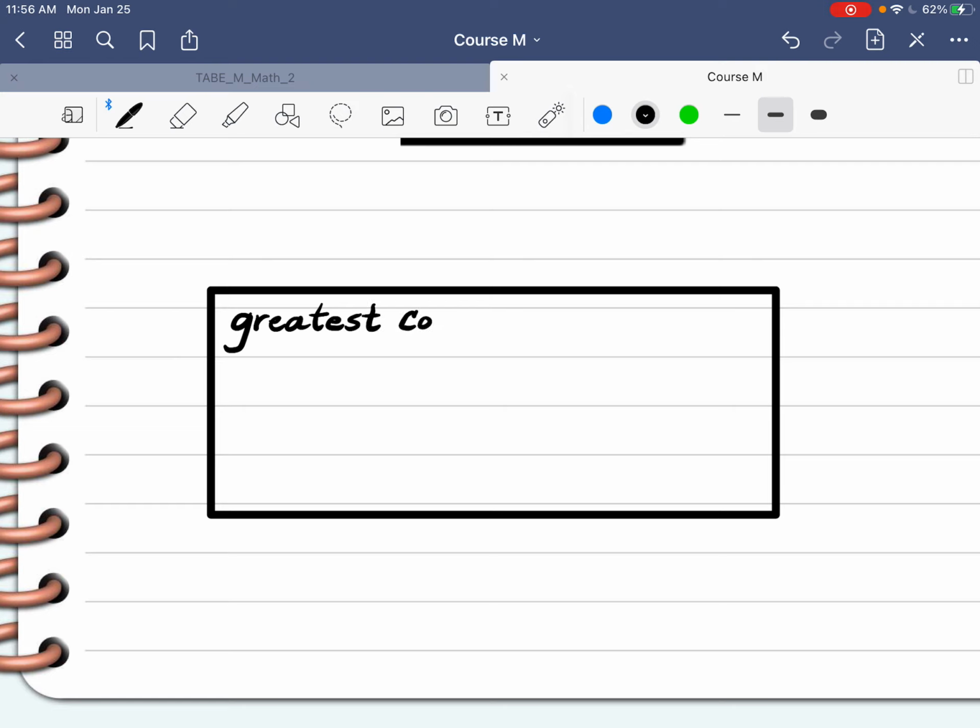The greatest common factor. And very often in a math book, that will be abbreviated as GCF, greatest common factor.